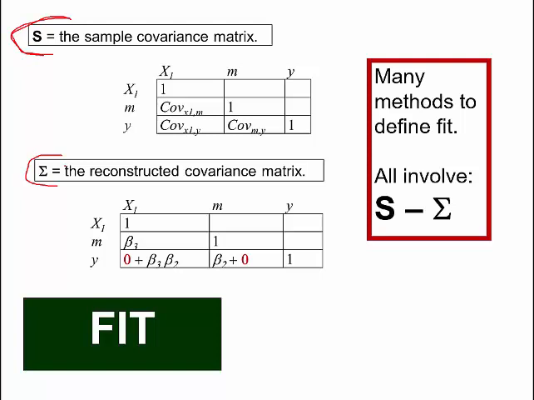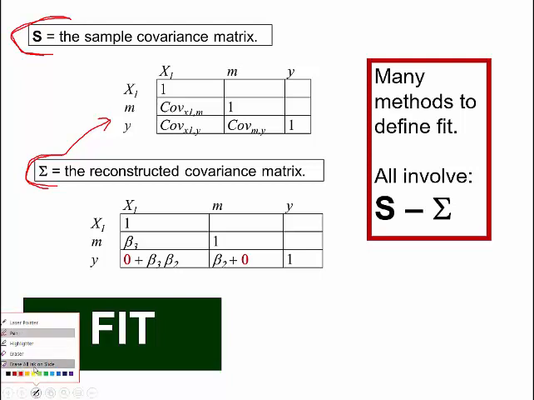Does our reconstructed variance-covariance matrix exactly reproduce the sample matrix, or does it reproduce something that comes very, very close to the actual sample variance-covariance matrix? Or does it reproduce something that is substantially different from the sample variance-covariance matrix? And this is essentially a question of fit.